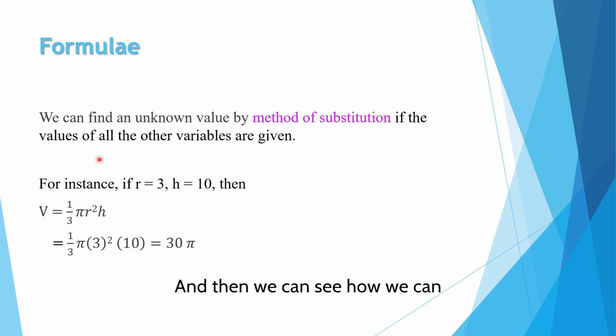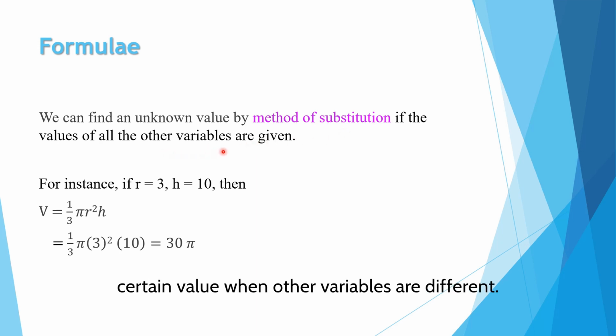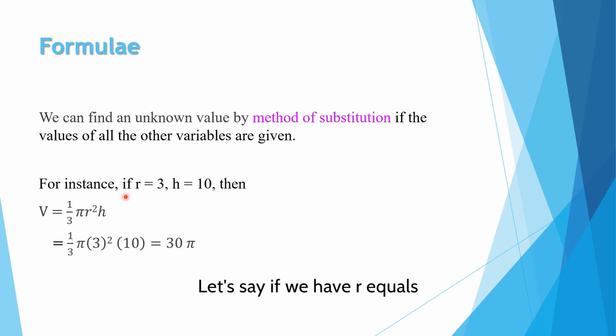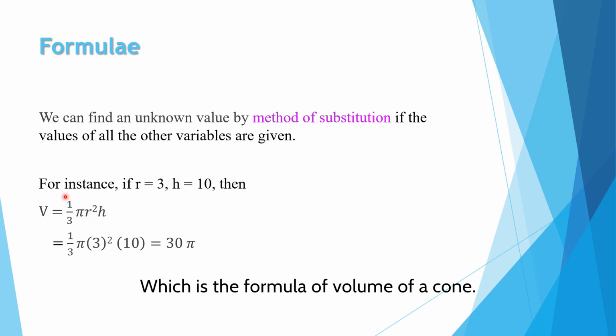And then we can see how we can use the method of substitution to find a certain value when other variables are given. Let's say we have r equals 3 and h equals 10, then we can substitute these two numbers into this formula, which is the formula of volume of a cone.